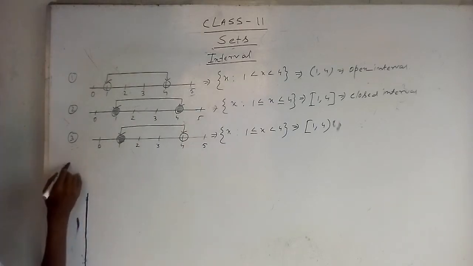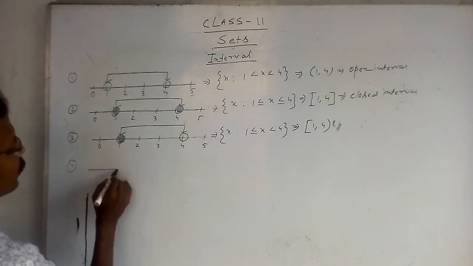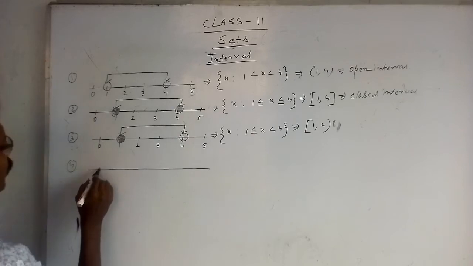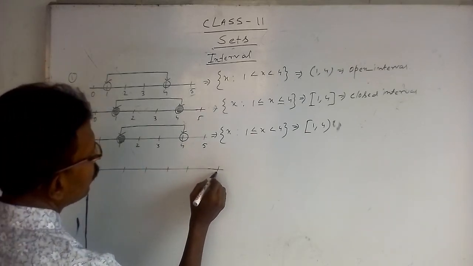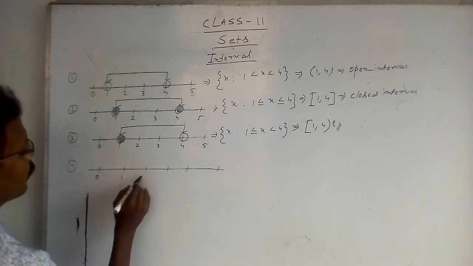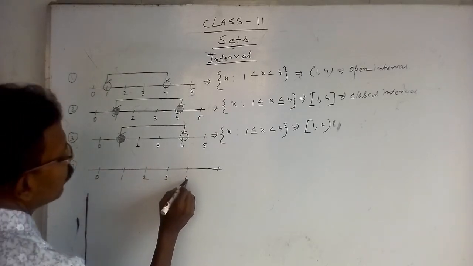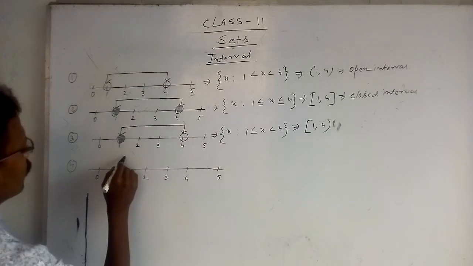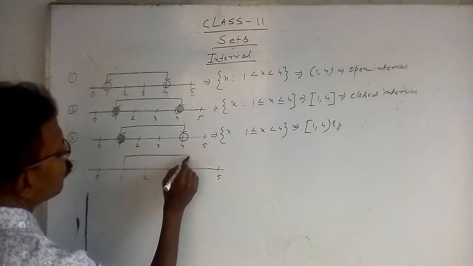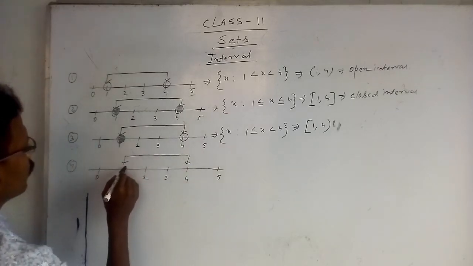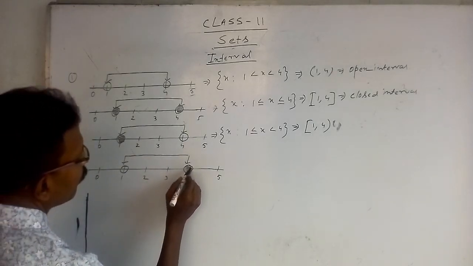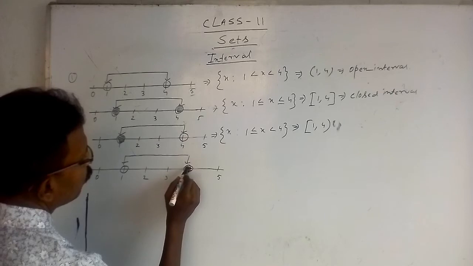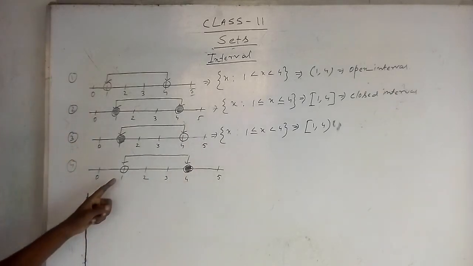Now number 4, draw the number line in the similar way. 0 1 2 3 4 5. Take the interval from 1 to 4. Draw a circle and set the circle above 4, and it is empty.